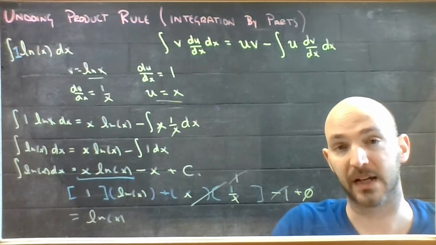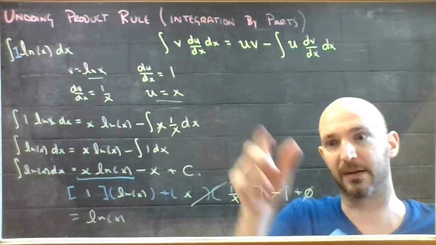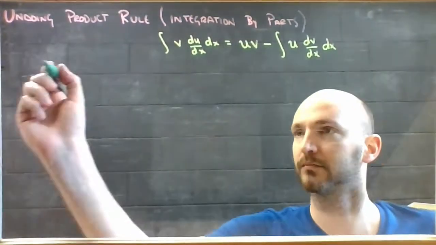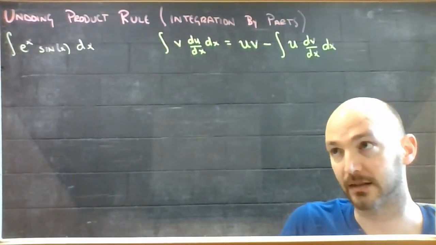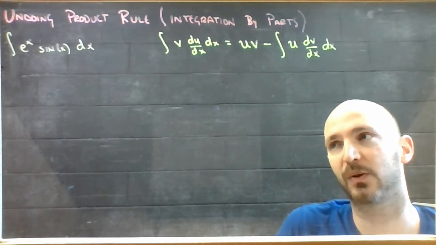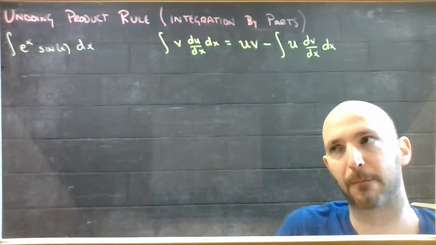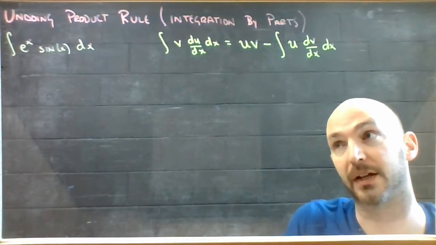So one more example with a sine or a cosine, and then it's off to figuring out where this came from. Okay, the integral of e to the x sine x dx. Whew. So if one of those was a polynomial, that'd be the piece I chose for v, because I would grind it away.